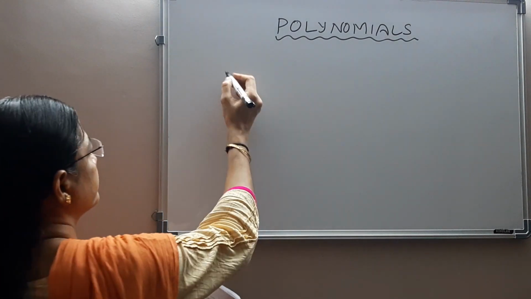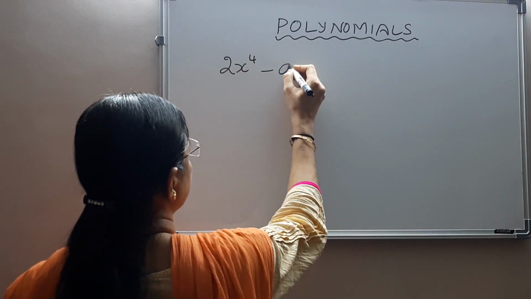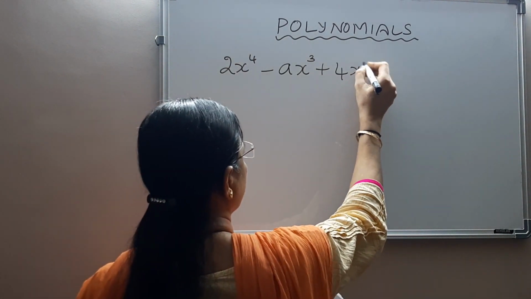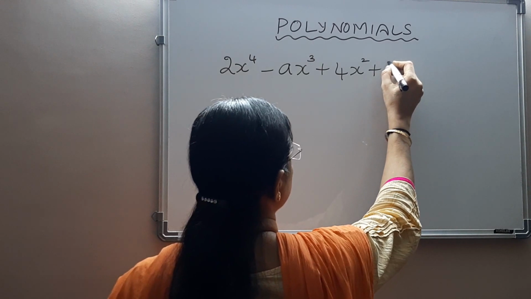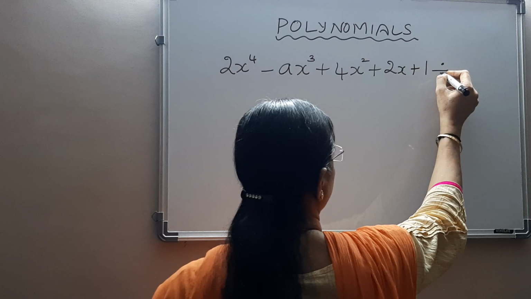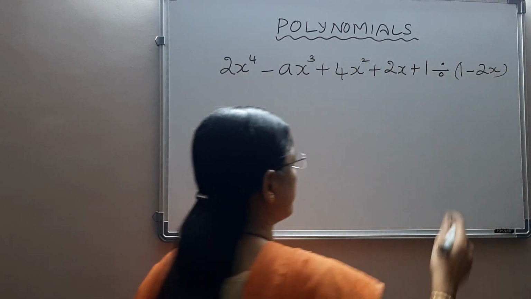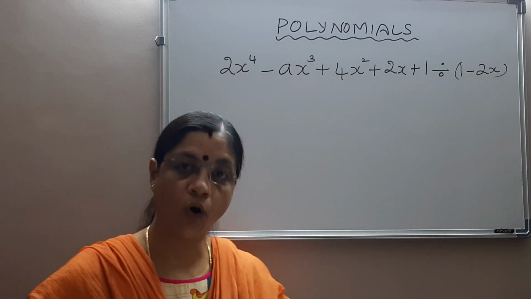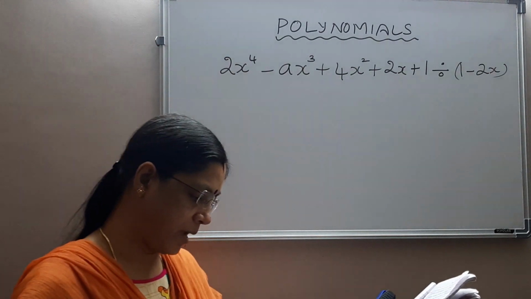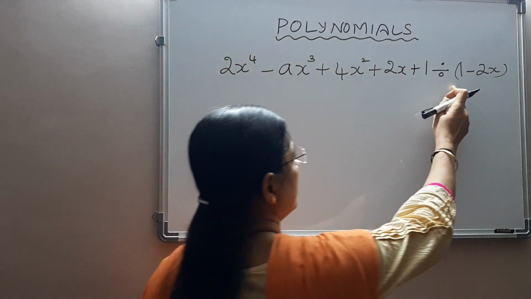Again it is given, see, the polynomial is 2x power 4 minus ax cube plus 4x square plus 2x plus 1, and it is divided by 1 minus 2x. Okay, now the question is determine the value of a for which the given polynomial is divisible by 1 minus 2x.